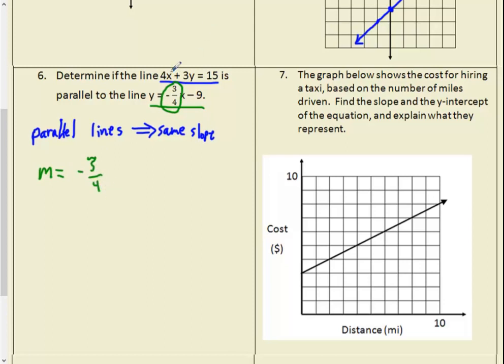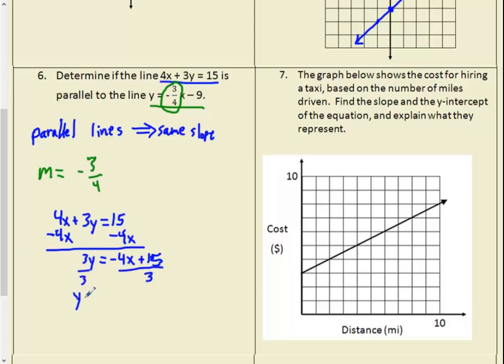Now let's look at our first equation. 4x plus 3y equals 15. And I'm going to subtract 4x. So we get 3y is equal to negative 4x plus 15. And then divide by 3.